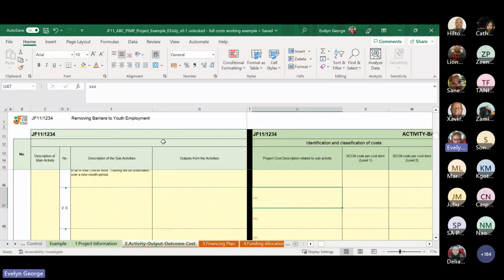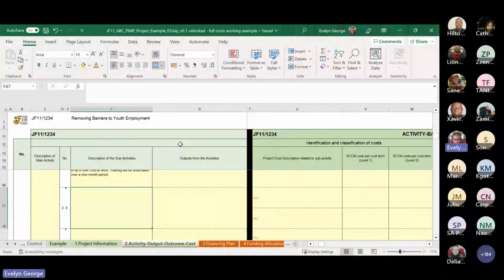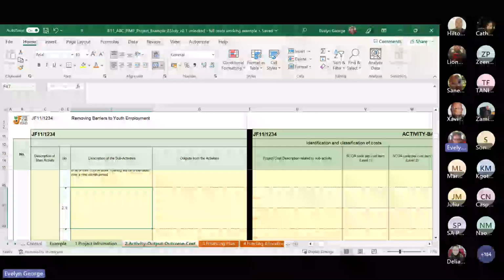There's no activity per se associated with it, but in finalizing your PIMPs, you'll deal with it, and it will be nice to place it in one specific activity. We have space where we look at, let's call it, administrative issues.